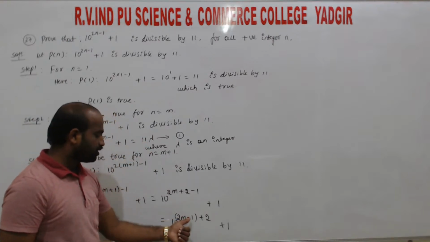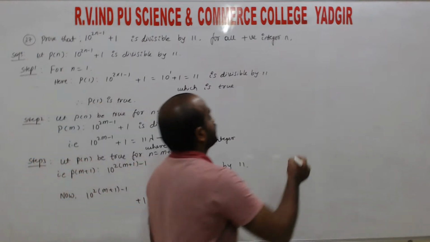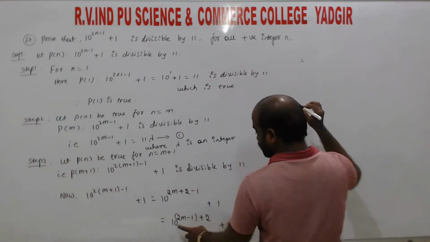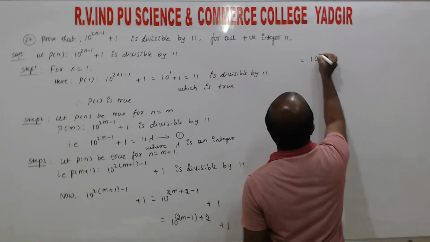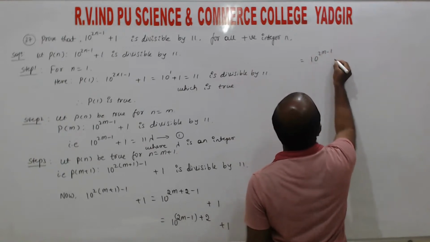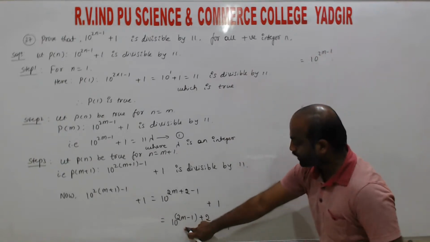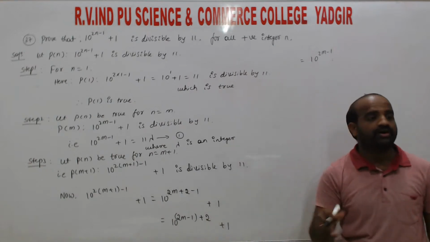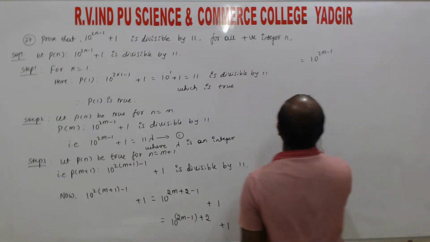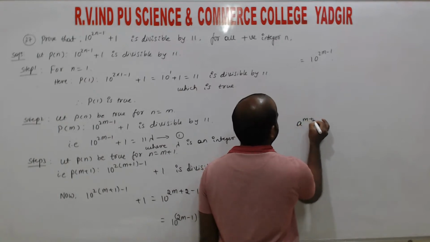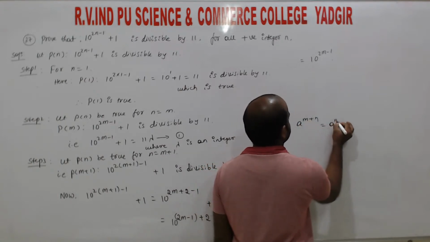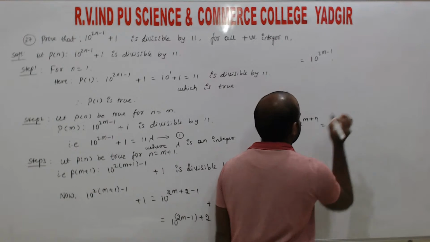10 to the power 2m minus 1 plus 2 can be written as 10 to the power 2m minus 1 into 10 square, since a to the power m plus n is a to the power m into a to the power n.